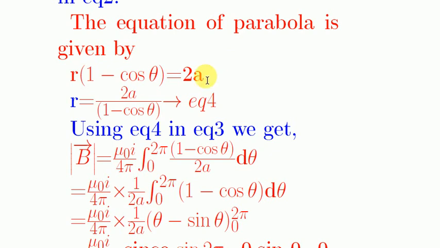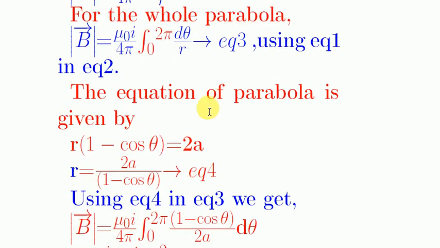It is not in the Cartesian coordinate system. R times 1 minus cos theta equal to 2a. So from this equation we can easily write r equal to 2a by 1 minus cos theta, and this is equation 4.